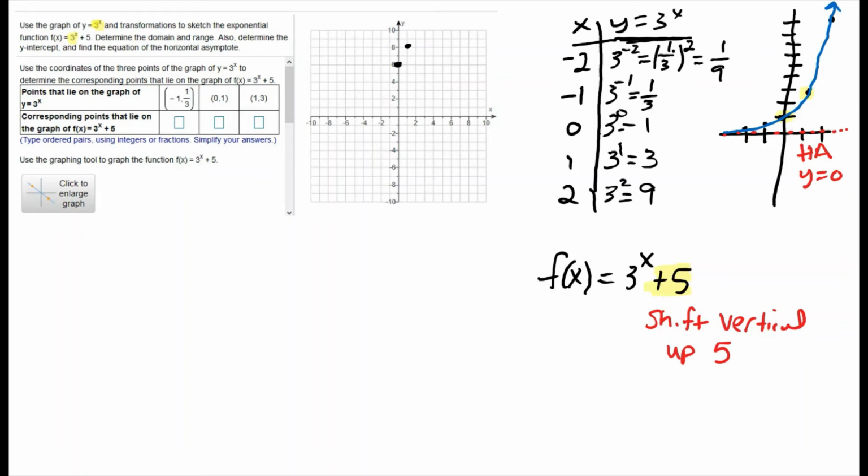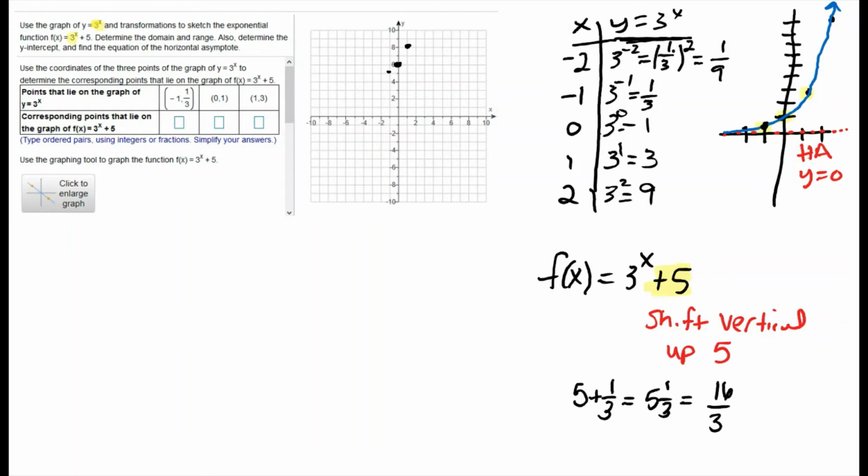Okay, and then on the other side, we have this point right here, which is at 1/3. So if we take 1/3 and move it up 5, 5 plus 1/3, well, that's 5 1/3, which is the same thing as 16/3. So that point will go to -1, 5 1/3, so maybe about right here.